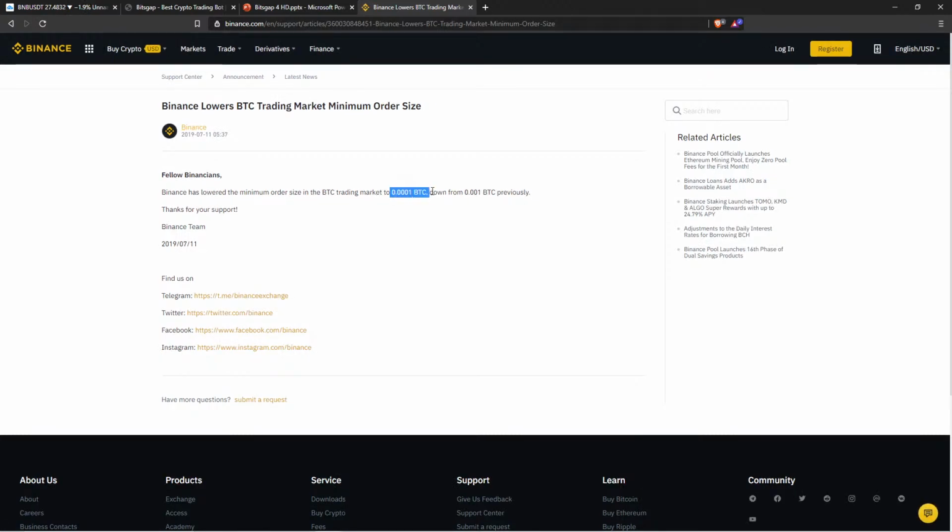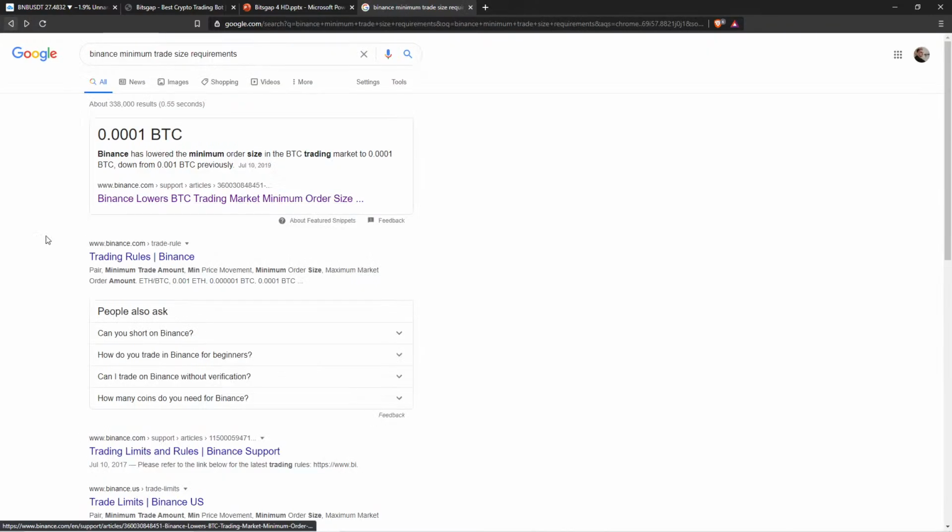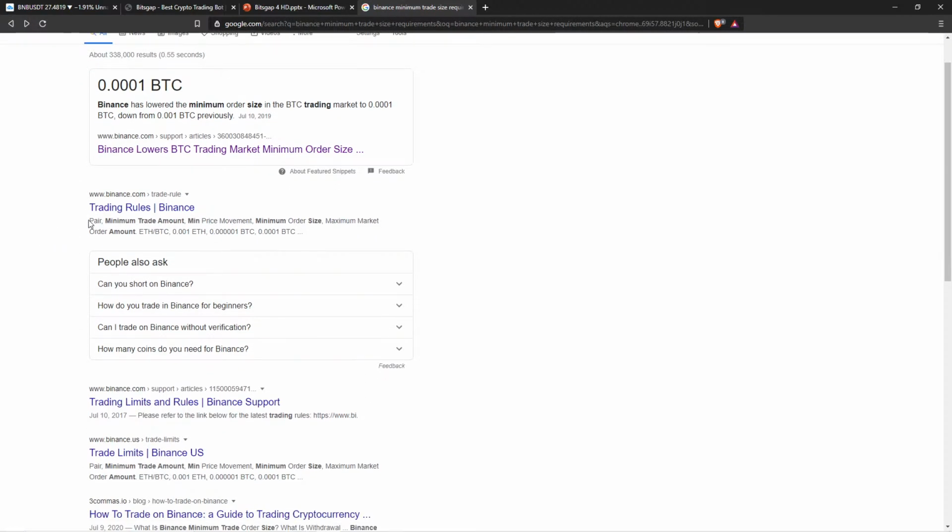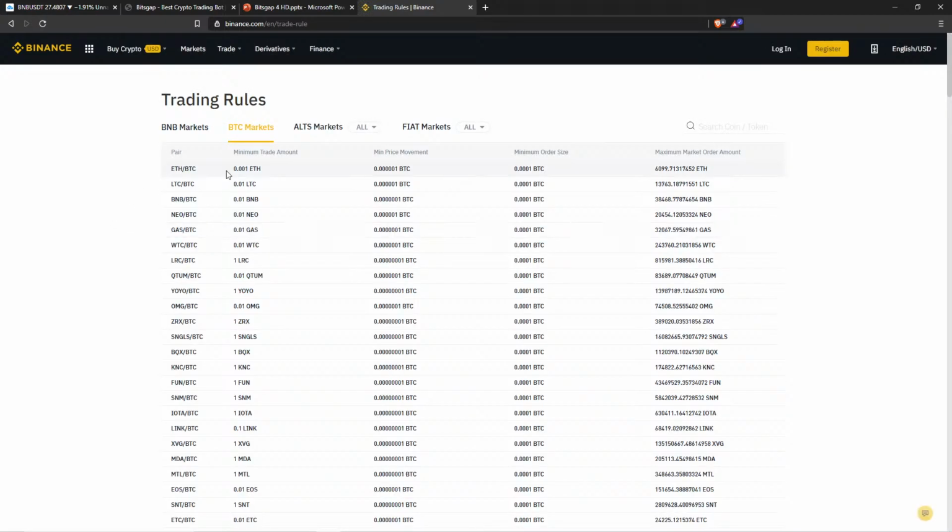So these are the requirements. What else do we have here? Trading rules. You see the exact minimum trade amount for each crypto is here. That's why, depending on the cryptocurrency selected, the minimum trade amount ranges.